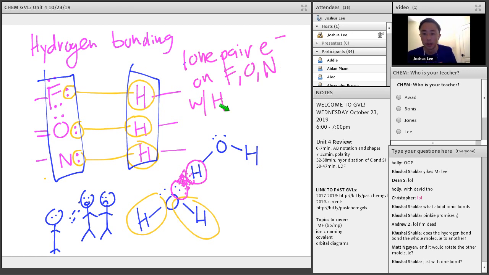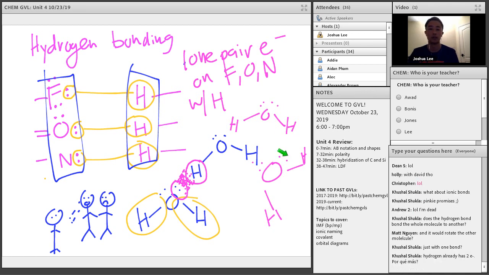Does hydrogen bond the whole molecule to another? And it would rotate the other molecule. Yeah, I could rotate it, and there's hydrogen bonding all over the place. So then there could be another water molecule here doing the same thing, another one here doing the same thing. So all the water molecules are essentially doing it. It could be doing it with this one, like that.